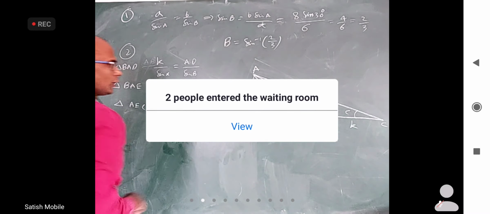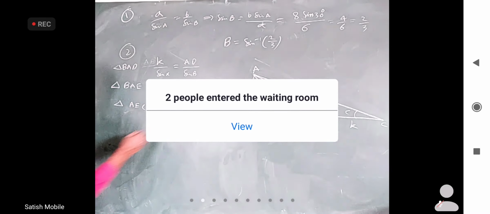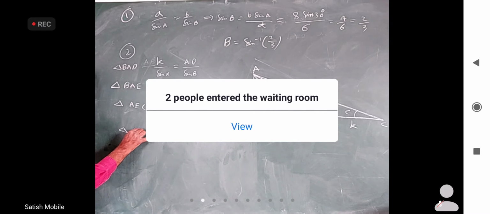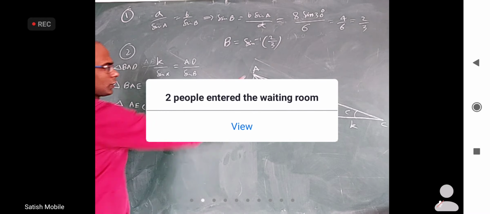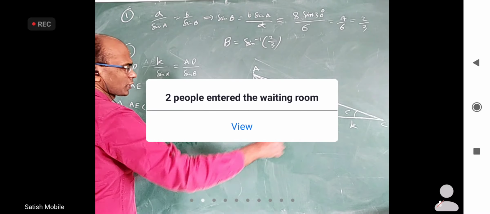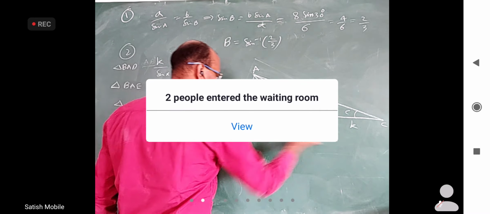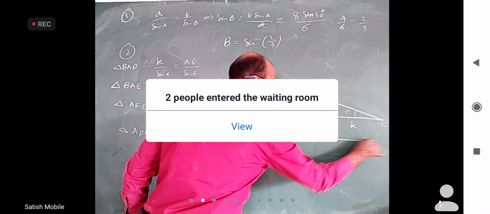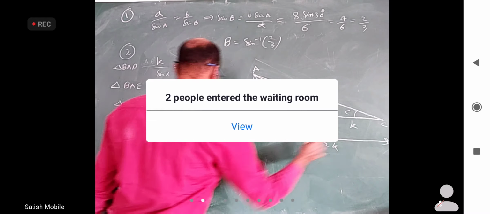Okay. Next, I am going to take triangle ADC. In the triangle ADC, this side is 2K now. Similarly, this is also 2K.